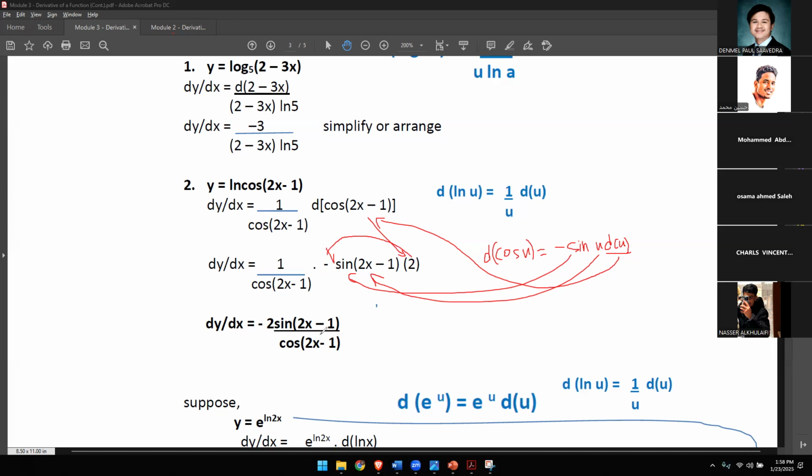So you might think that you can cancel out this one. No. Just leave it as it is. That one is already your final answer. So are we clear in number two?